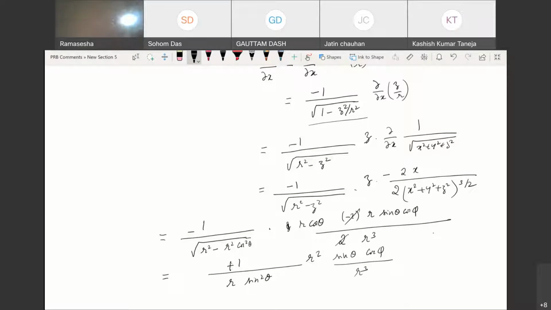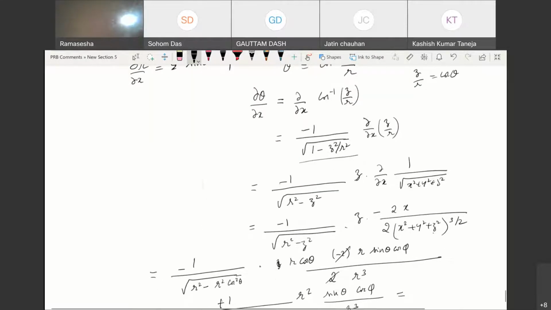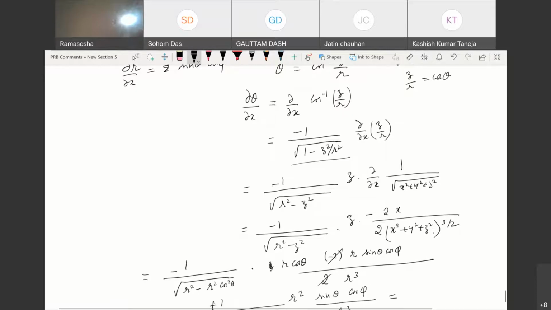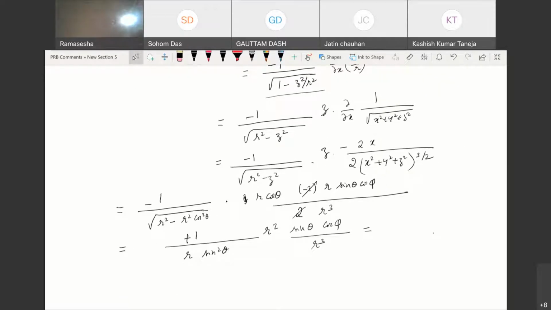Okay, so this should give me r in the denominator, r cubed above.